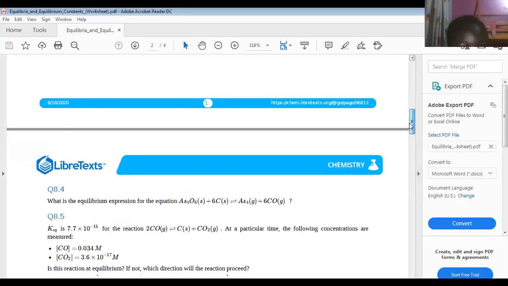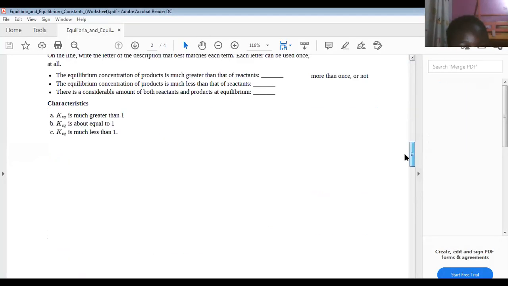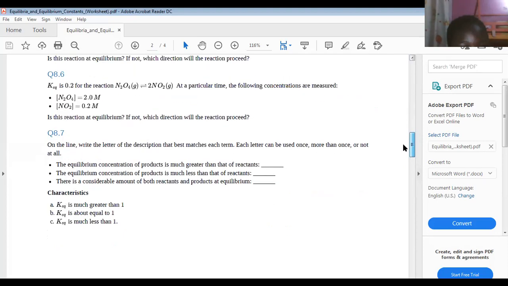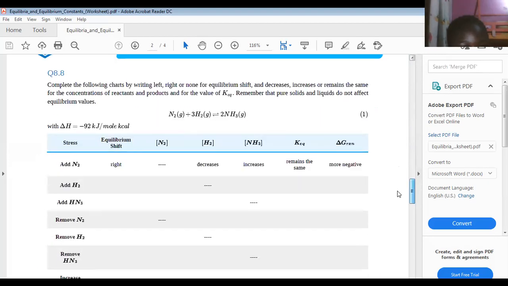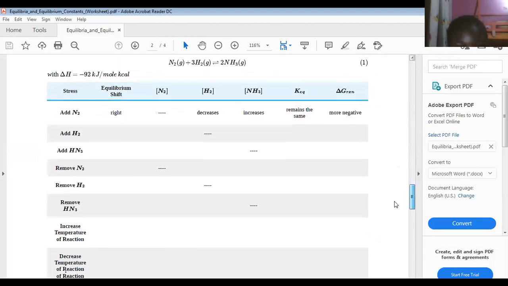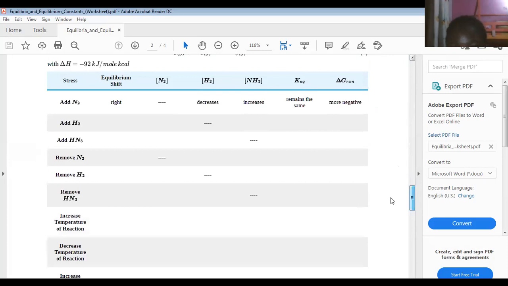Okay, let's look at this one. Because I know with pressure, with temperature now, we know how best to tackle that question, and equilibrium constant. You know how to do the equilibrium constant right now. Okay, look at this question.